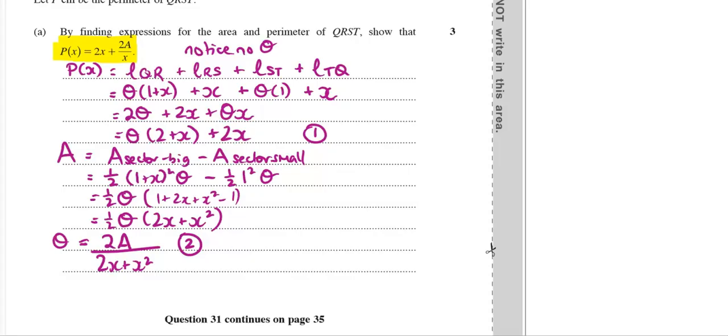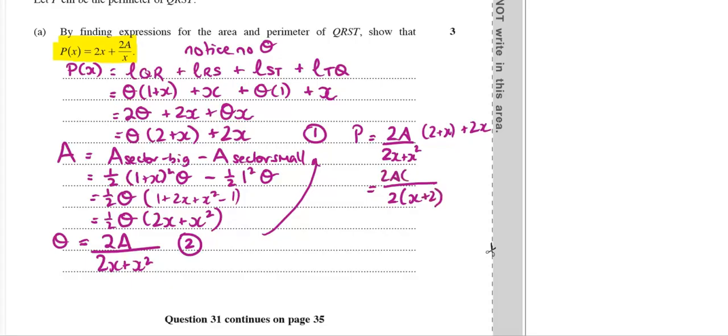So putting 2 back up into 1, I'm going to get that the perimeter is theta, which I now know is this, outside of (2 plus x), plus 2x. Put all of that like that: 2A over (2x plus x squared), times (2 plus x), plus 2x.